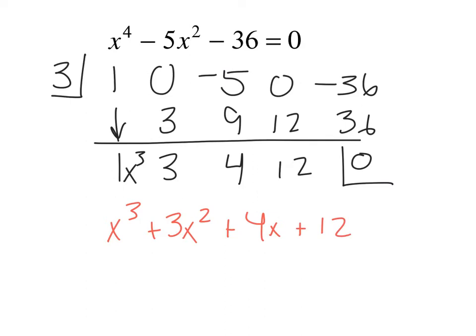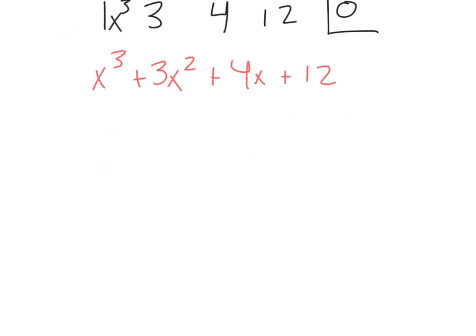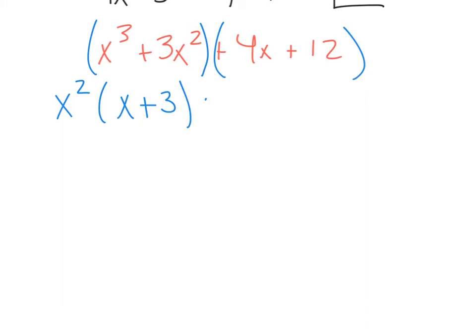Now, if you remember from what we did in the last lesson, I have a cubic with 4 terms. So I have to use grouping in order to solve this problem. I take out an x squared, which leaves me with x plus 3. I take out a 4, which leaves me with x plus 3.